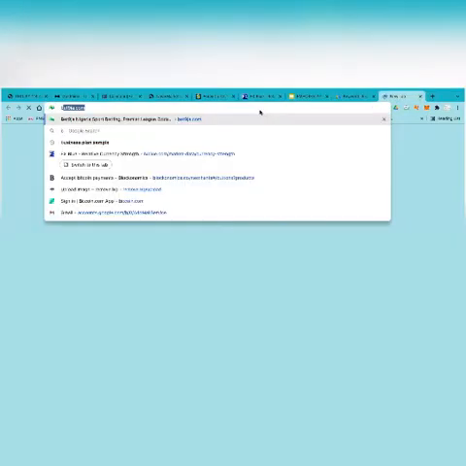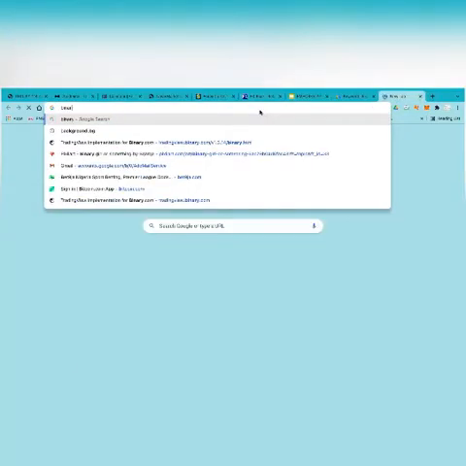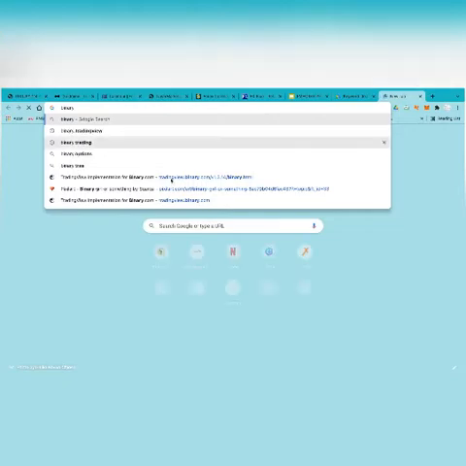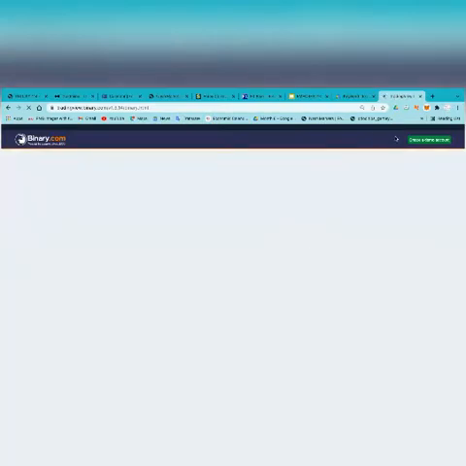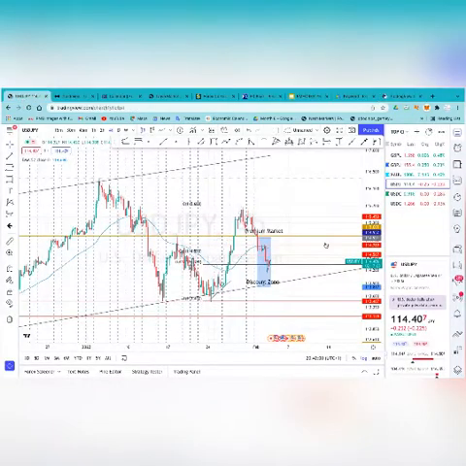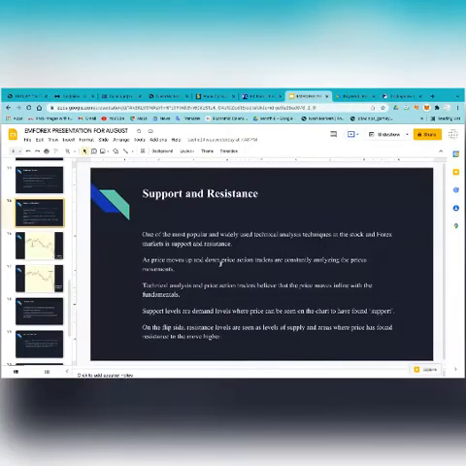Let me see if I can open up TradingView and the synthetic charts. Let's forge ahead while it loads. Even in candlesticks, support and resistance is a very key aspect of trading.